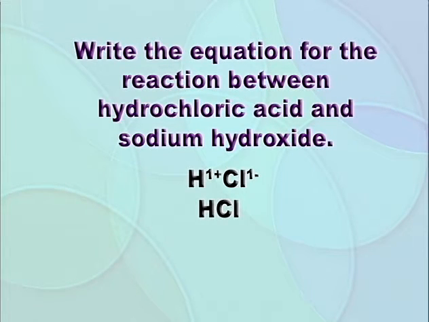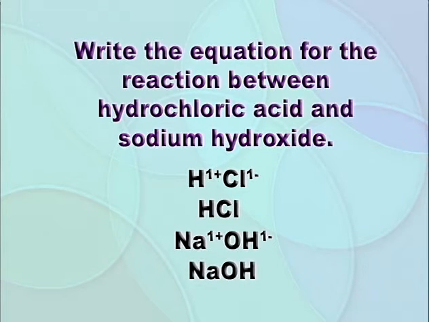To write the formula for sodium hydroxide, we need to use the periodic table to remember that sodium has a positive 1 charge. We can also use our charge chart to see that hydroxide is the polyatomic ion OH with a negative 1 charge. So the formula is NaOH.